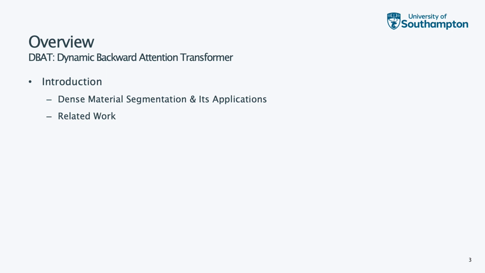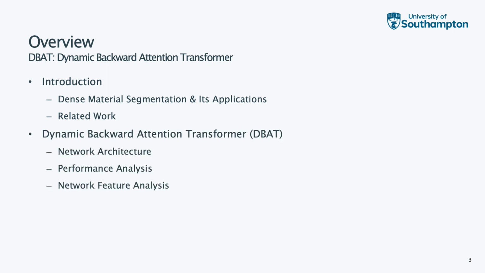After the introduction section, I will go through our contribution, the dynamic backward attention transformer, or DBAT for short. Finally, I will conclude our work and end this presentation with the limitations and a future work plan, which is related to network interpretability.